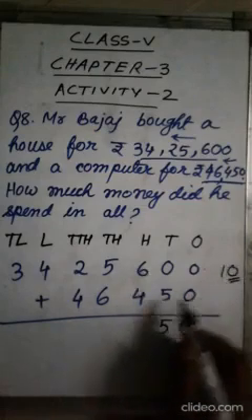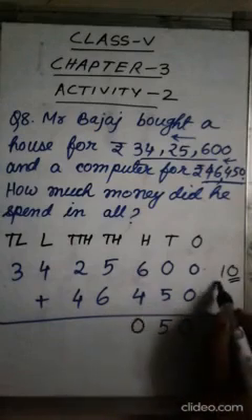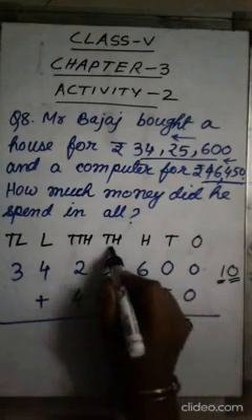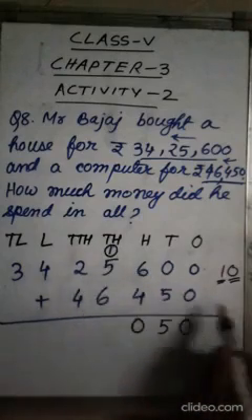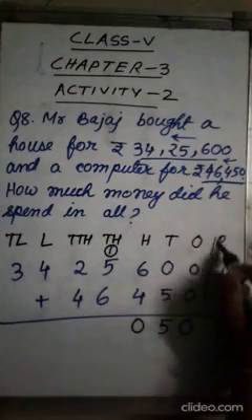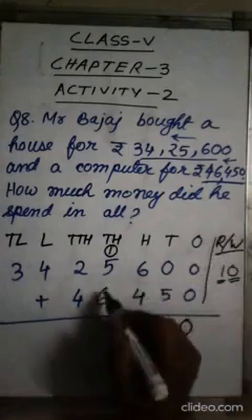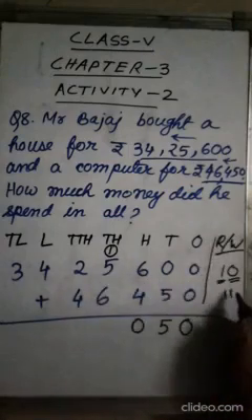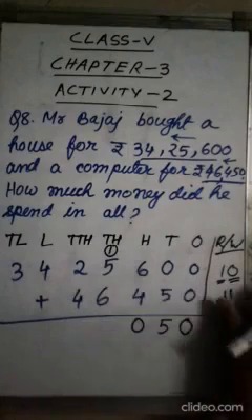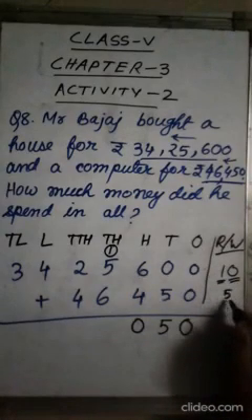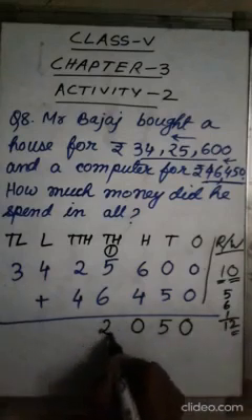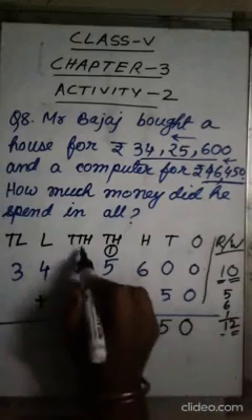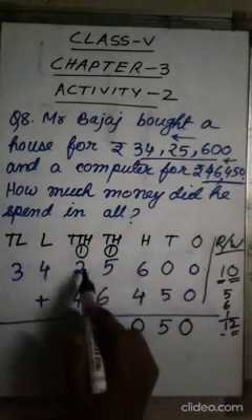So this 0 will be here and this 1 will be carried forward to the next place. 5 plus 6, do this in your rough work area. 5 plus 6 is 11. 11 plus 1 is 12. 2 will be written here. 1 is carried forward to the next place.